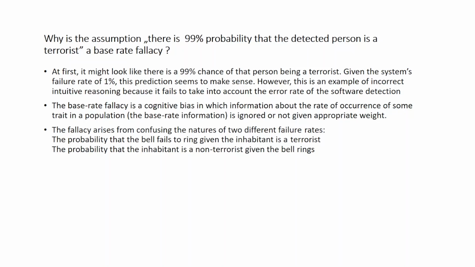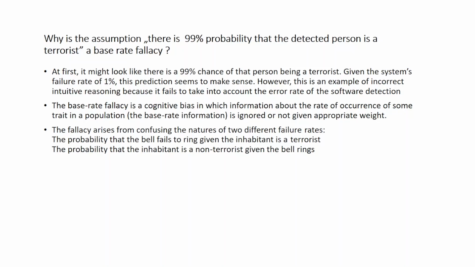What does that mean? It means in this situation that we had a cognitive bias in which the information about the rate of occurrence of some trait in the population, in this case the base rate information, the percentage of people who are terrorists and the percentage of people who are non-terrorists, is ignored or not given the appropriate weight.